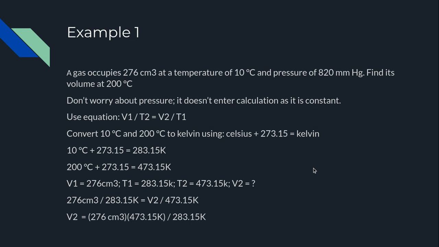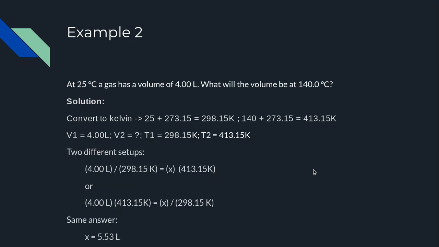So V2, once the equation is rearranged, equals 276 centimeters cubed times 473.15 kelvins divided by 283.15 kelvins. And the answer should be 461.2 centimeters cubed.